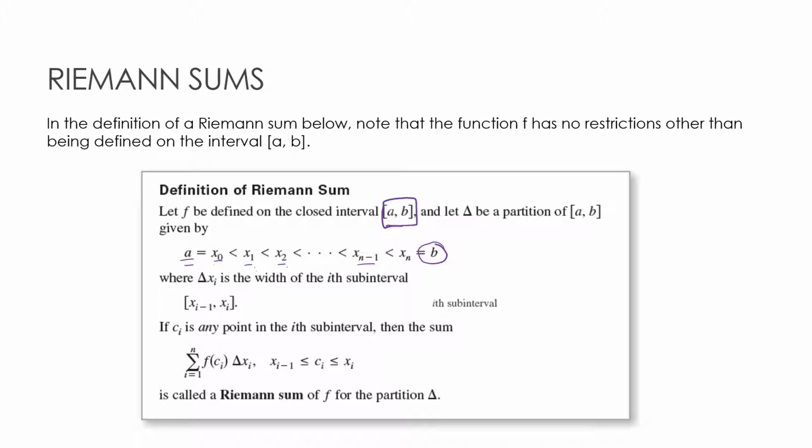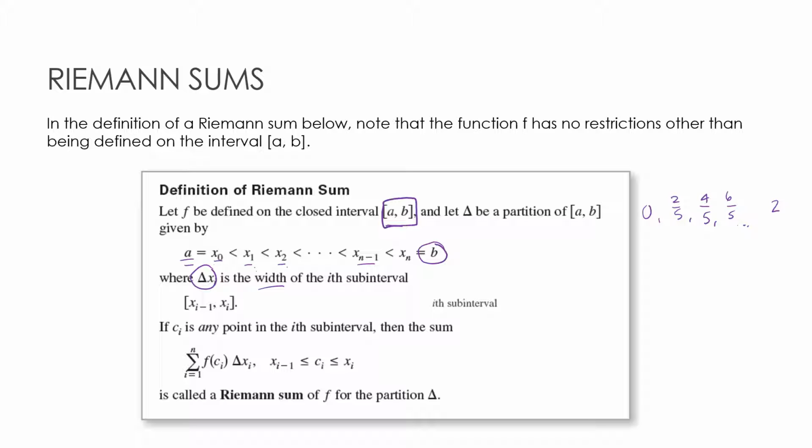Before, when we started at 0, and then it was 2/5, then 4/5, then 6/5, all the way up to where we ended up, which was 2, those would be my positions on the x-axis. Those would be equal partitions, obviously.